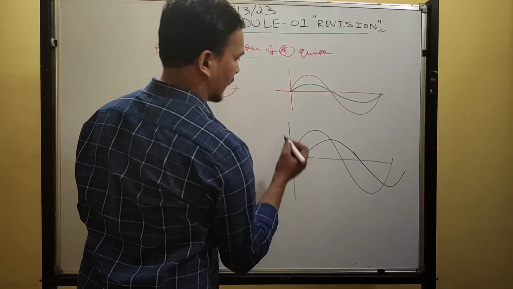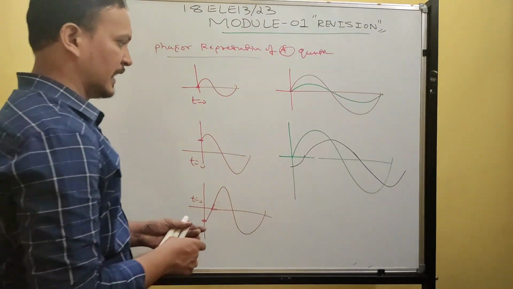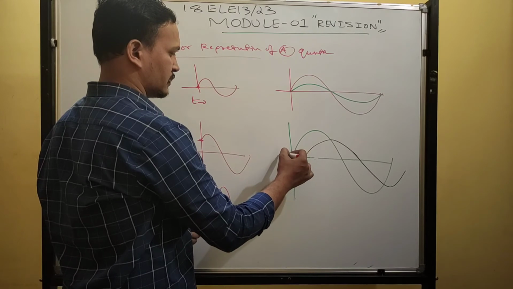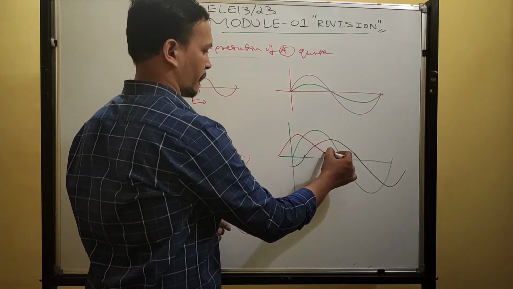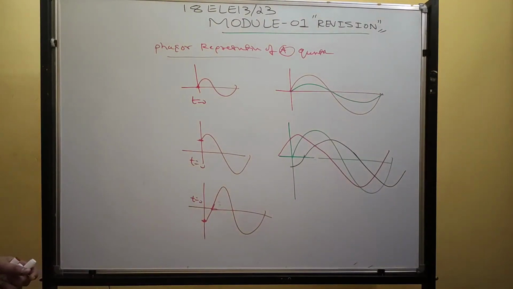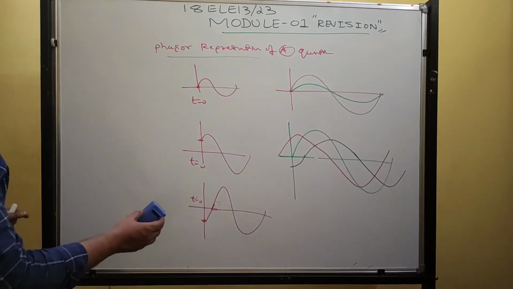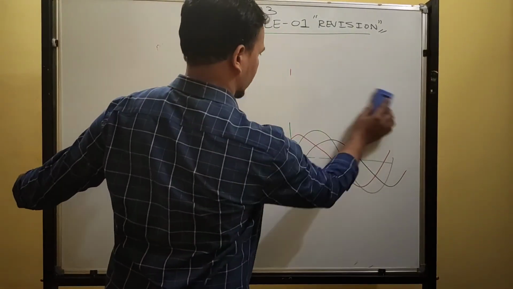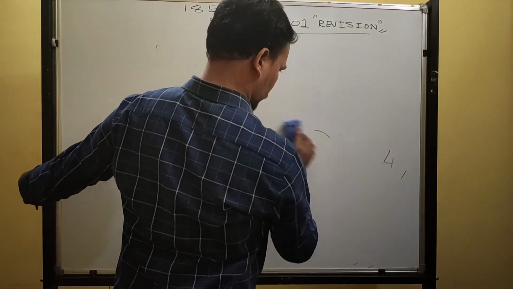So this is for lagging phase difference. And next, leading phase difference, I am writing in red color. Voltage will be the same. So for leading phase difference, you must write like this. This is for leading phase difference. Understood? All these things are very important. And later the last problems, instantaneous value, all those things.